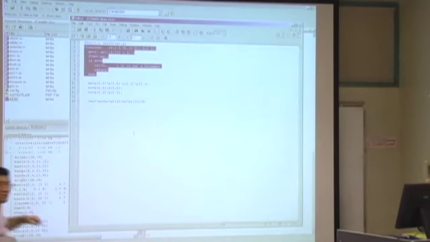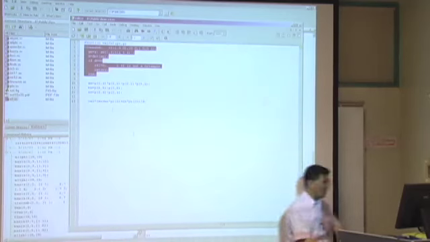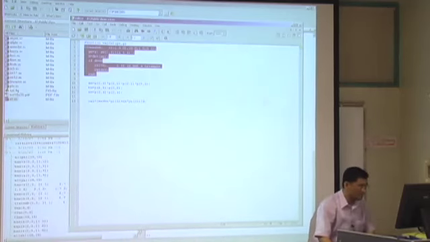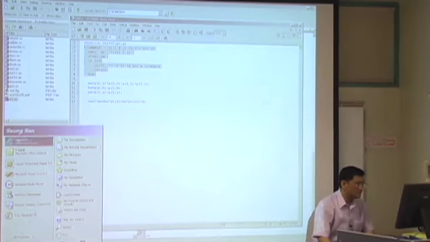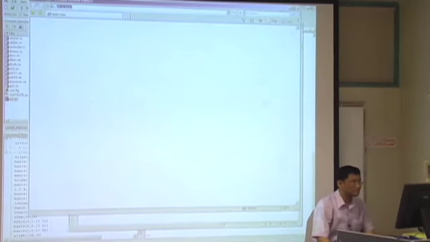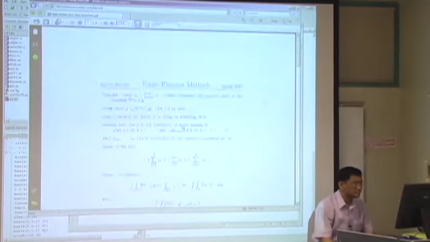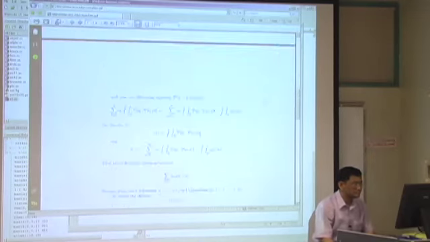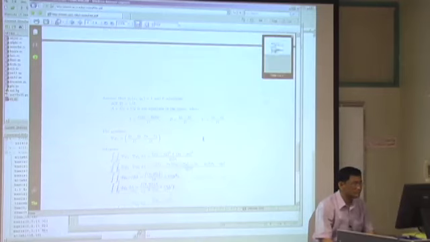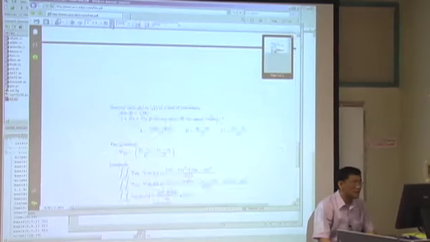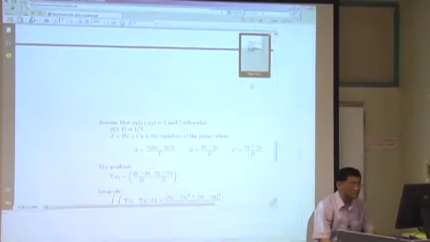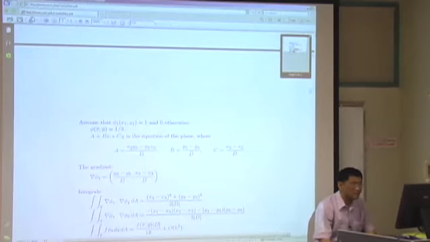How did I get these things? From the formula that I provided. As you can see, this formula is used.